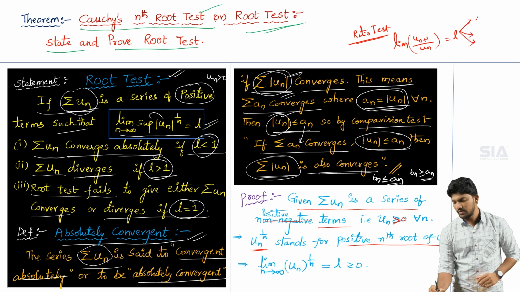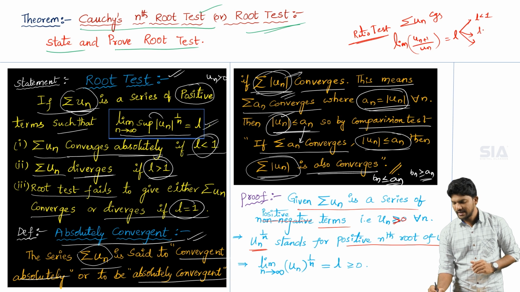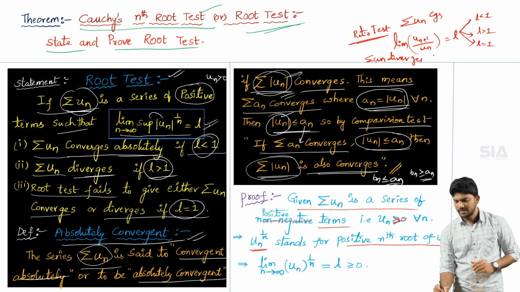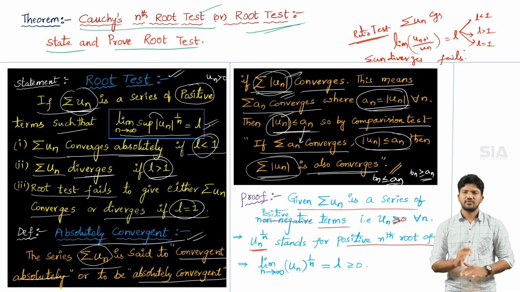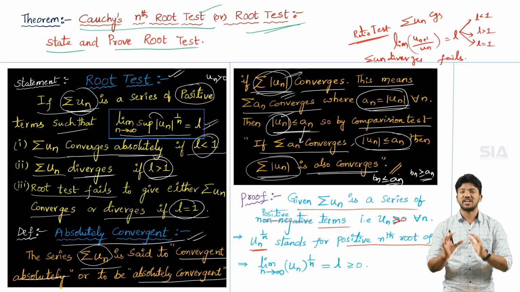Okay, so whenever you get L less than 1, this series summation u suffix n converges. Okay, whenever you get L greater than 1, then summation u suffix n diverges. Okay, so whenever small l is equal to 1, then results fails అని చెప్పేసాం అన్నమాట. Thus ratio test fails to give the nature of the series అని చెప్పేసాం. That is about ratio test.